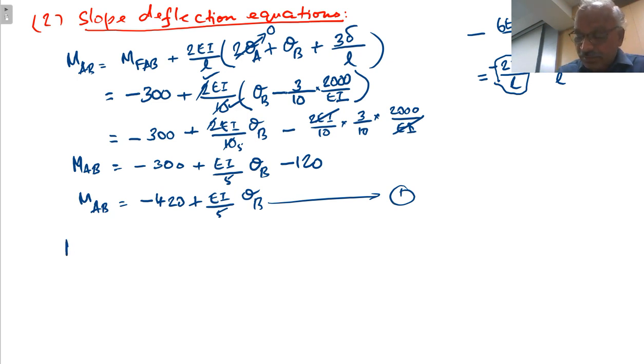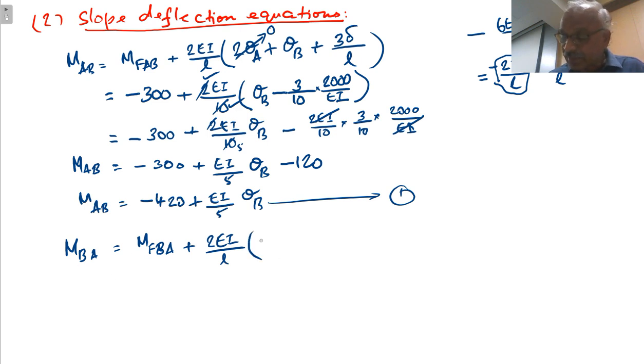Now MBA equal to M of BA plus 2EI by L. When this is MBA, this will be 2 theta B plus theta A plus 3 delta by L, general formula, 3 delta by L, right?